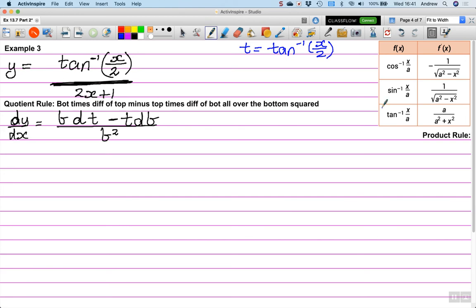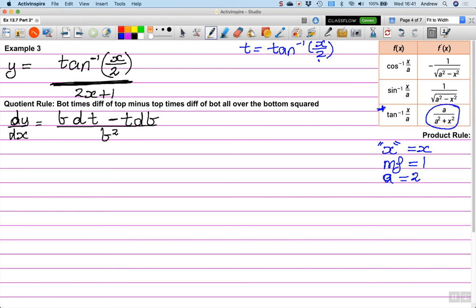So we're going to be using this formula down here. We know that the value of x is going to be x. We know the differential of this will be equal to 1, so the multiplying factor will be equal to 1. The a is going to equal 2. So all we've got to do now is apply this formula.